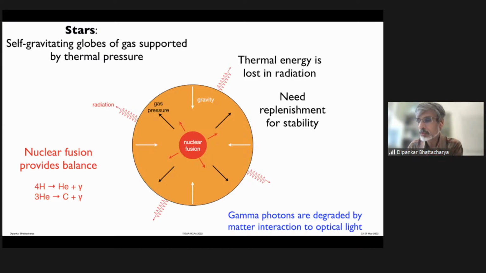And even our closest star, the Sun, has hydrogen converting to helium in nuclear fusion at the center, generating energy exactly at the rate of 4 times 10 to the power of 33 ergs per second, which is the rate of loss of energy that we see from the surface in solar radiation.